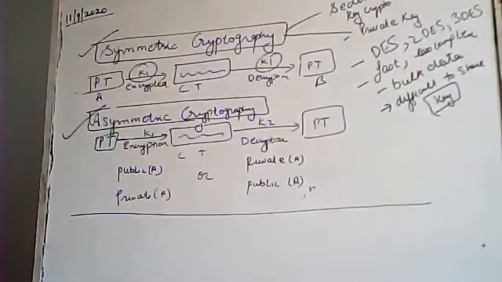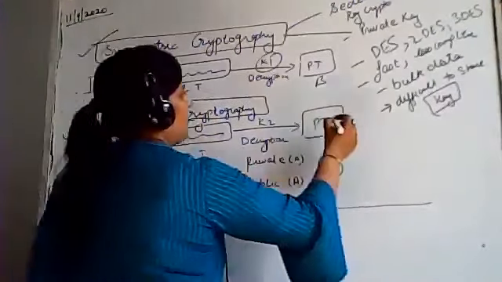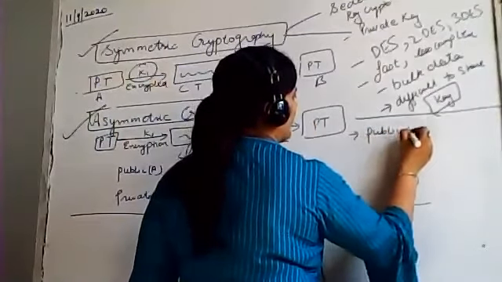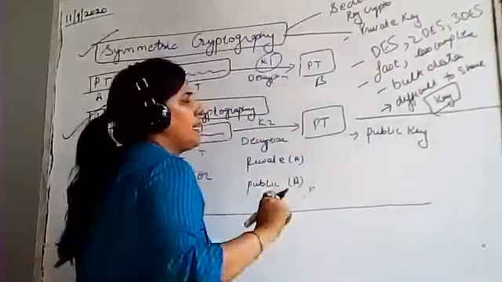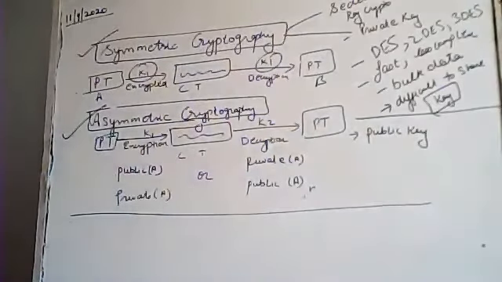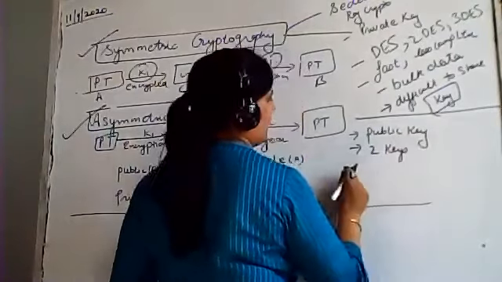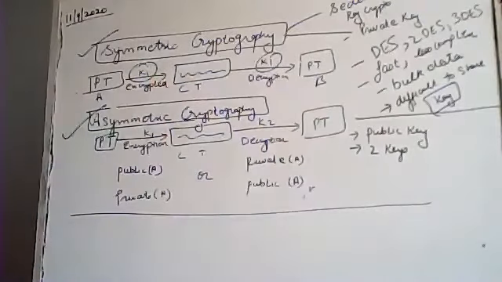Now the next thing is another type known as asymmetric key cryptography. What is asymmetric key cryptography? This is also known as public key cryptography. In this technique, we use two keys, a pair of keys. Two keys are used in asymmetric cryptography: one key is for encryption and another key is for decryption.